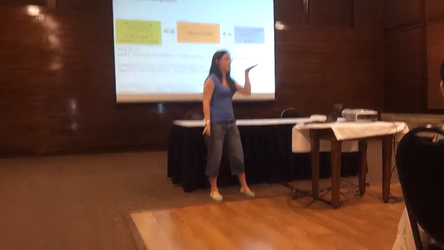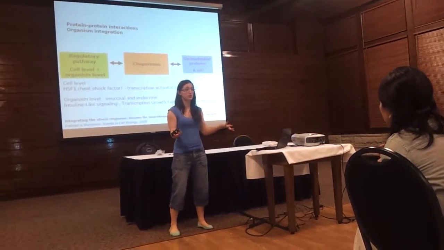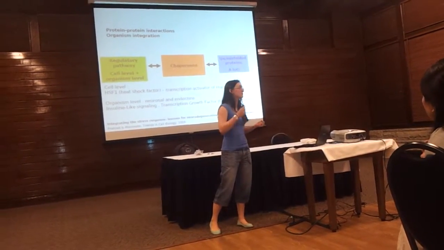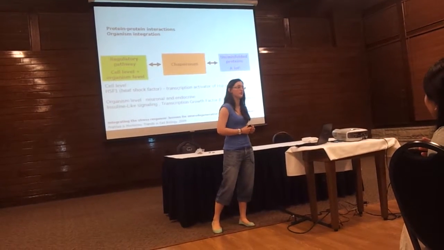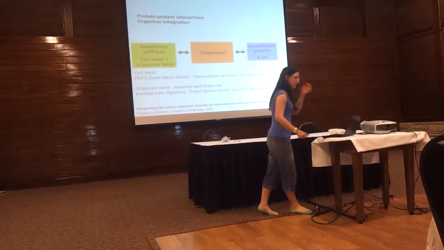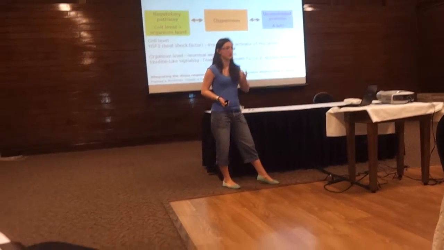Because when you have insulin, it means you have a lot of sugar in your environment, so you want to develop and you don't want to be stressed. So the HSP expression level goes down. We do know that it happens in these two types of cells.